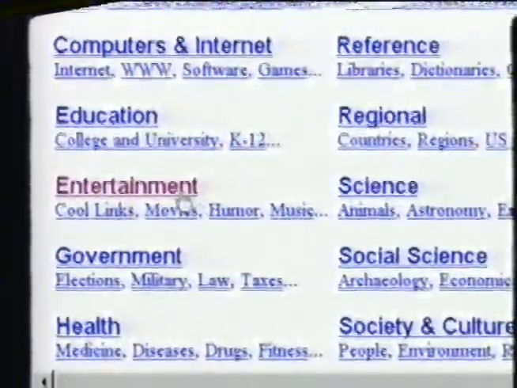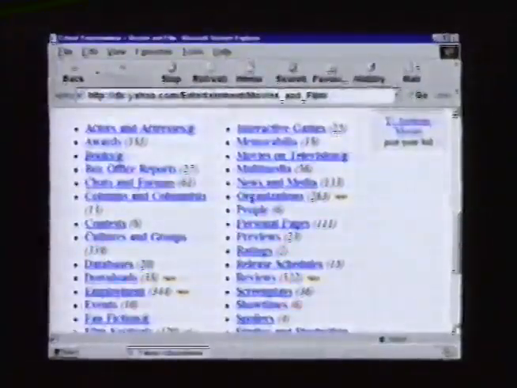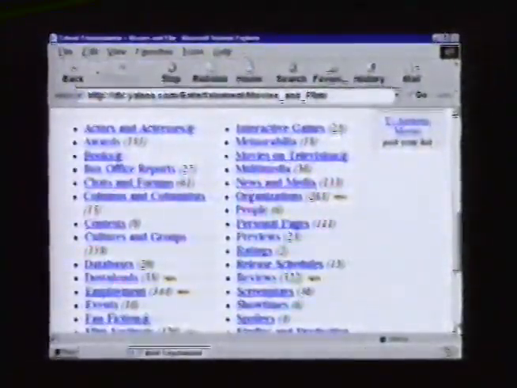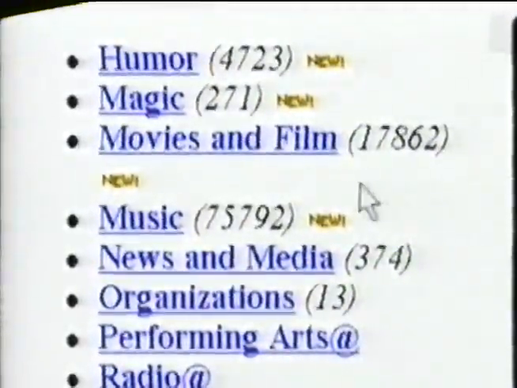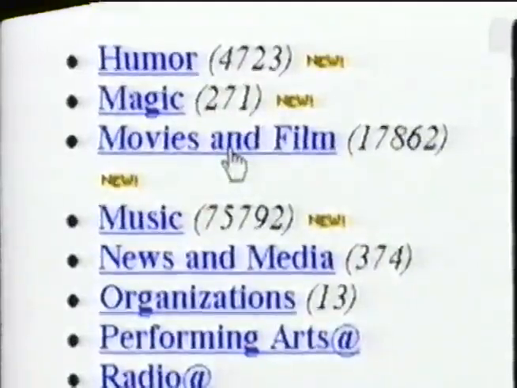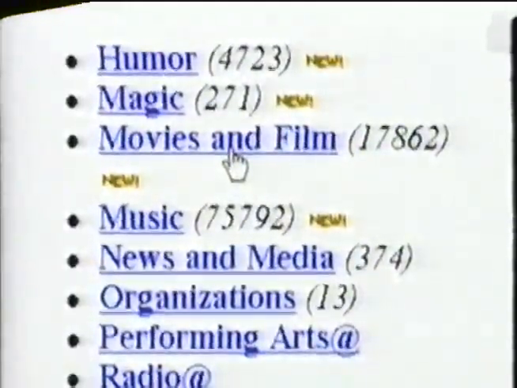Well, let's take a look at one of the Yahoo categories, such as entertainment. I'll move the pointer to the category head and click. Now I can see a listing of various subcategories for entertainment: movies, music, and a lot more. I'm going to click on movies and film.